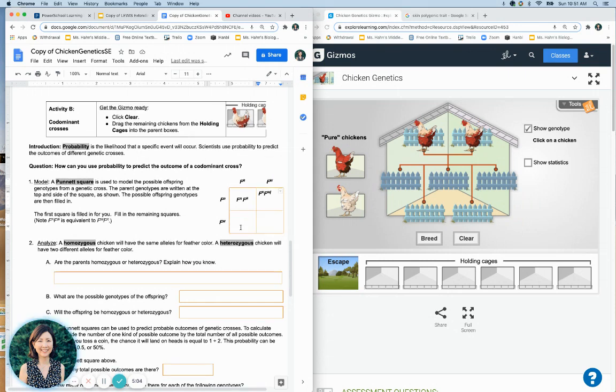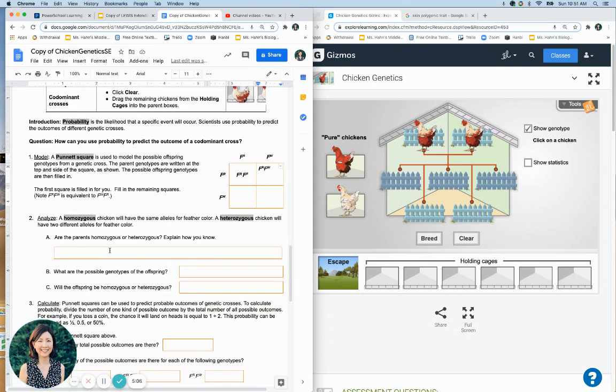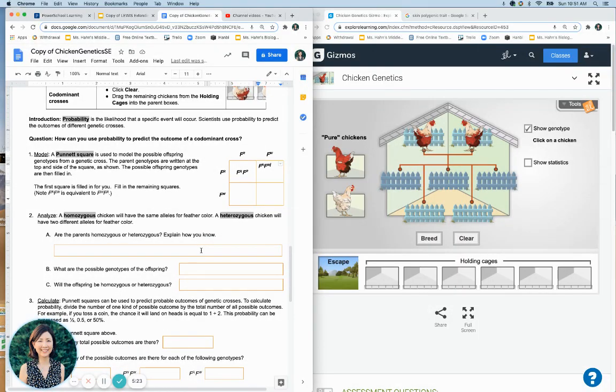Okay. It's asking if the parents are homozygous or heterozygous. Well, these are the parents right here. And remember, homozygous means they have the same alleles, and heterozygous means they have different color alleles. So you have to look, are their alleles the same or different? And you're going to go ahead and explain that.